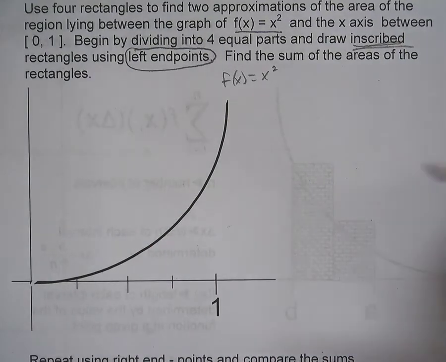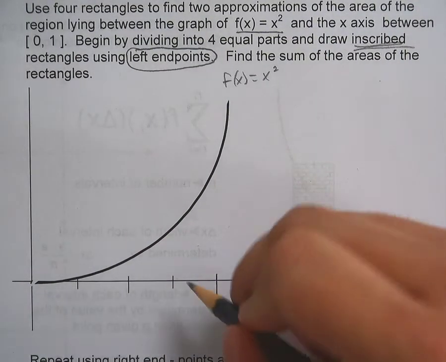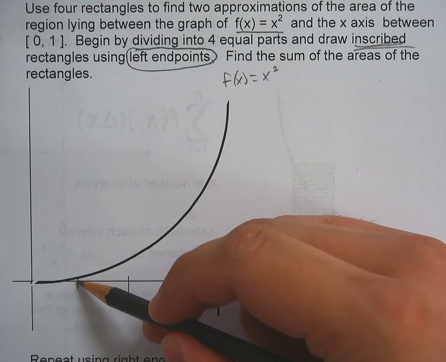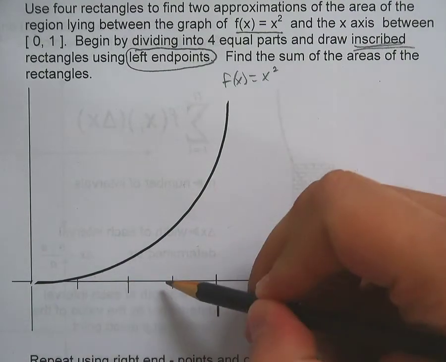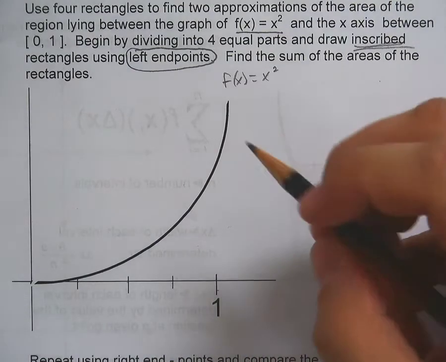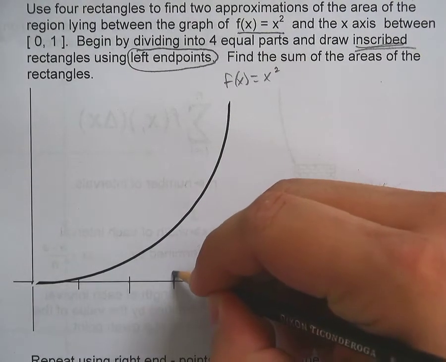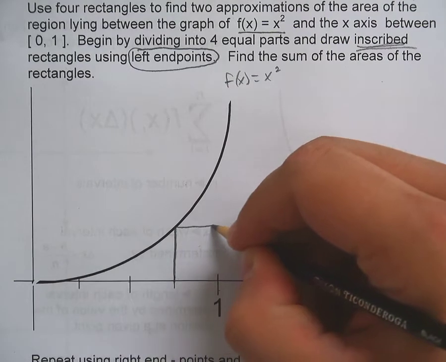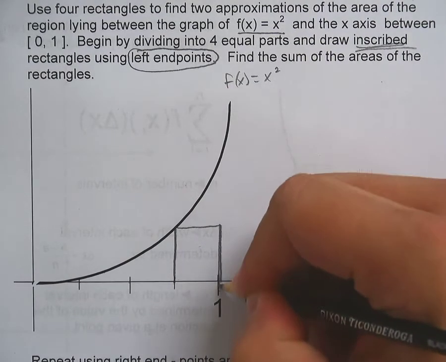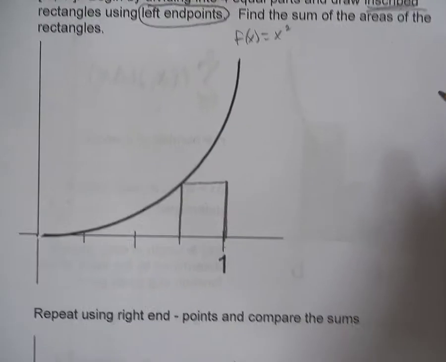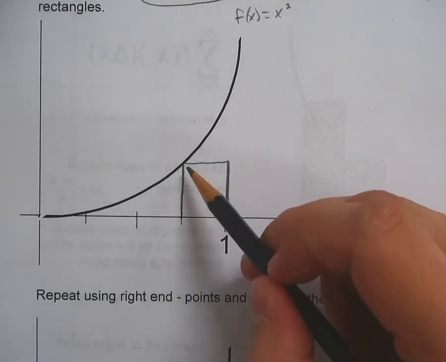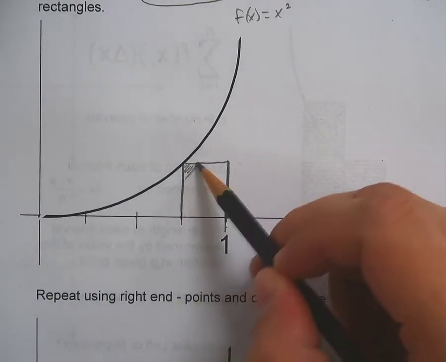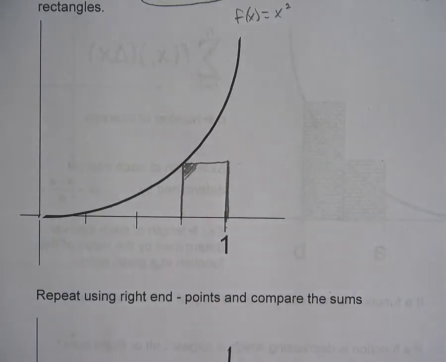So here's what that's going to look like. I'm using 4 rectangles here, so it's going to go from 0 to a fourth, from a fourth to a half, a half to 3/4, and 3/4 to 1. Here's the idea of what they want. I want a rectangle with the left corner right here, and I do this to remind myself the left corner is supposed to be touching the graph.